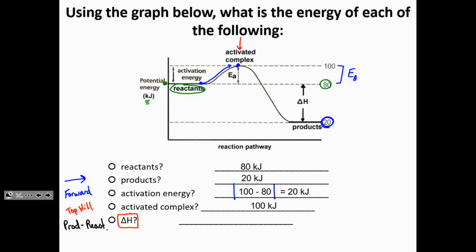And we covered this in Thermochem in Unit 10. So if we do the products minus the reactants, that would be 20 here for the products and 80 for the reactants. If we do it in that order, we're actually going to get a negative 60 kilojoules, which tells me that this reaction is exothermic because it's a negative value.